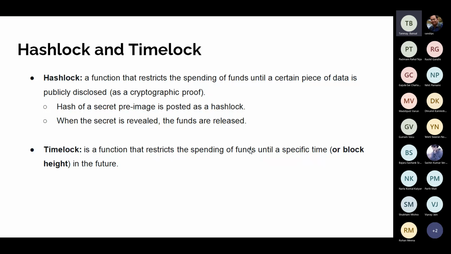Say Alice wants to make a payment to Bob. Alice will choose some X and use HX in the script for claiming this particular fund. Now, for claiming the fund, Bob will not be able to do it using HX, but will have to use X to make the claim.